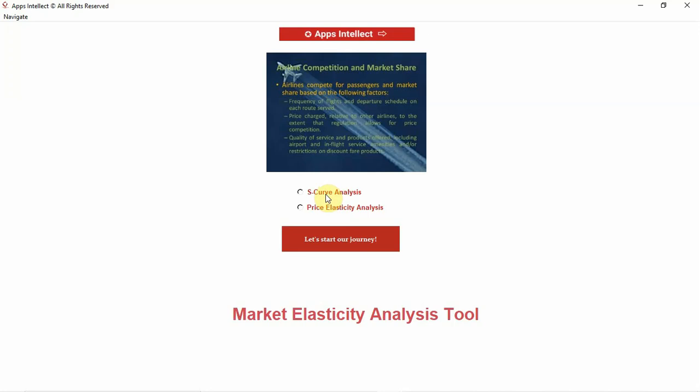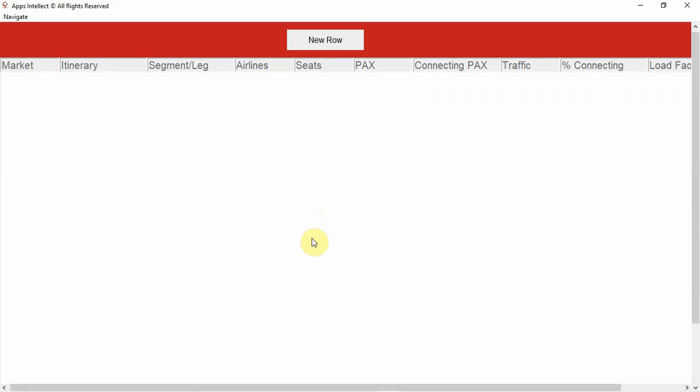Then there is a logit model used in profit estimation software systems. Now let's try this application with an example of S-curve analysis. Click on this. Let's assume there are two airlines offering daily flights, assuming prices and service qualities are equal. So this is the example we'll take.